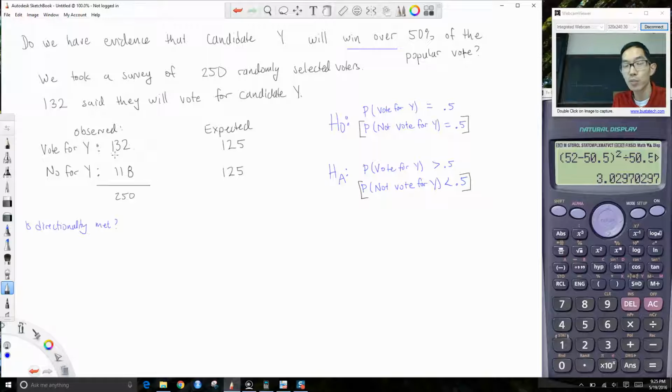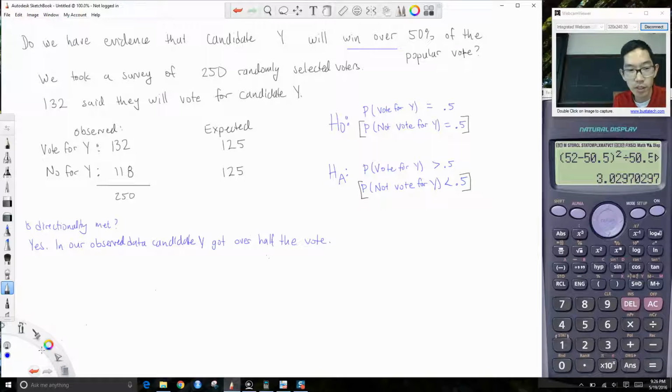Directionality is met because in our observed data, candidate Y got over half of the vote, okay? So that's good, okay?